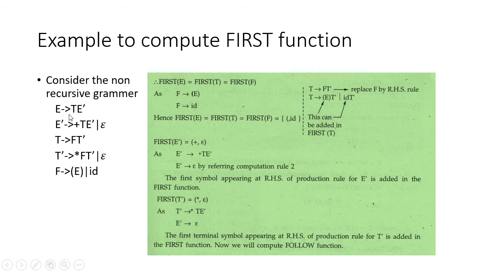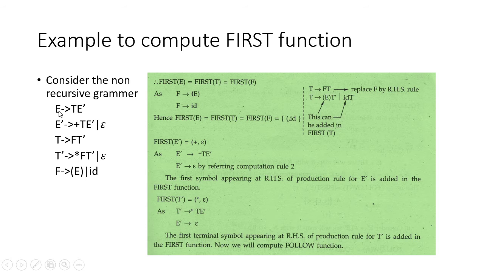Now look at the grammar again. E derives T E dash, E dash derives plus T E dash or epsilon, T derives F T dash, T dash derives asterisk F T dash or epsilon, and F derives bracket E bracket or ID. Look at the first line, E and T. E is a non-terminal, T is a non-terminal.